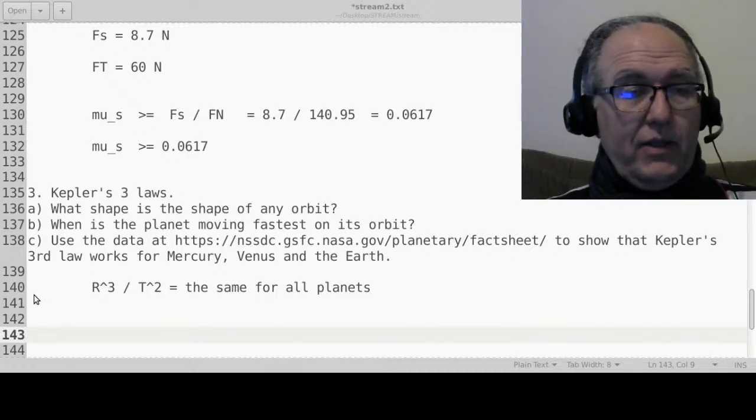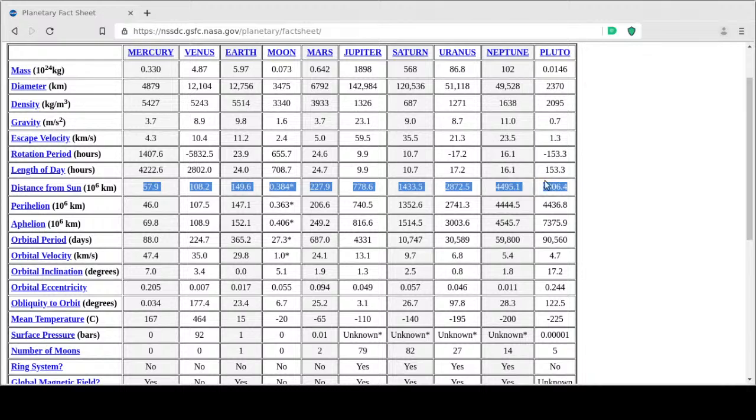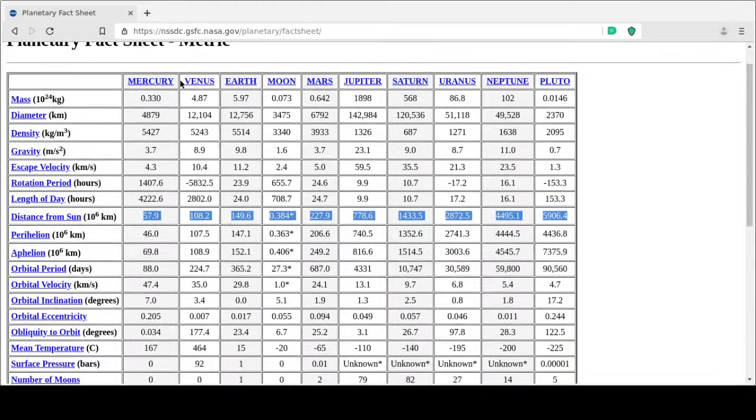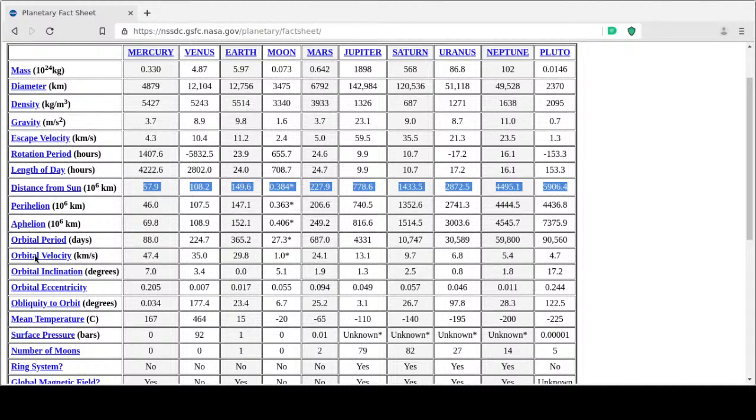If we take a look at this website, it's a neat website. It's basically all sorts of data, like a planetary fact sheet. There's a lot of stuff here. Obviously, you don't need all of that information for this. What are the two things you need?